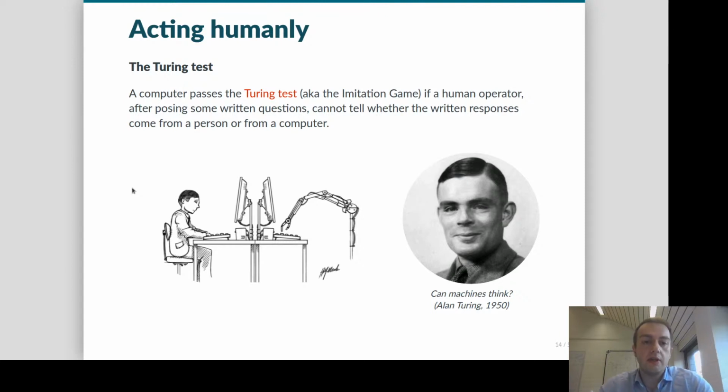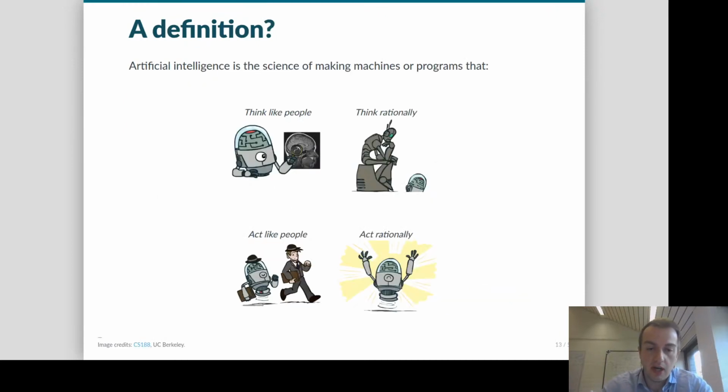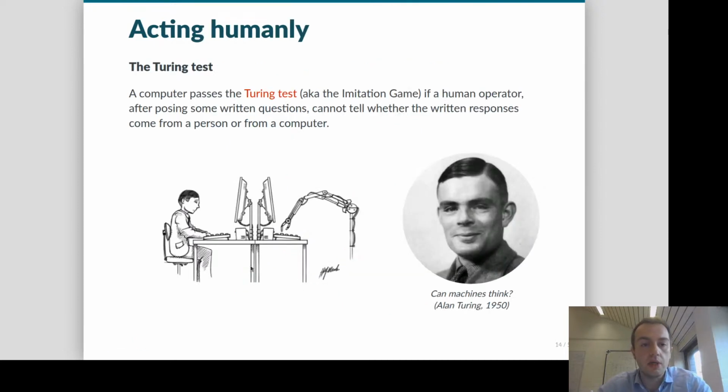So I will start with the definition of acting like people, or acting humanly. Basically this is the definition given by what is known as the Turing test. The Turing test is a test in which a computer passes if a human operator, after posing some written questions through his computer, cannot tell whether the written responses he got came from a person or from another computer.